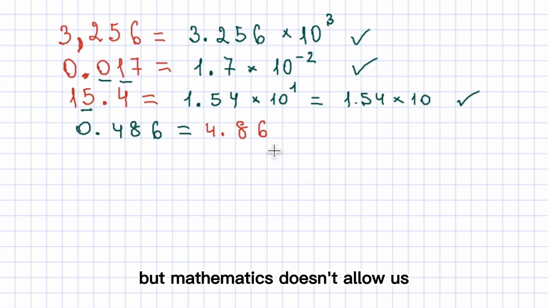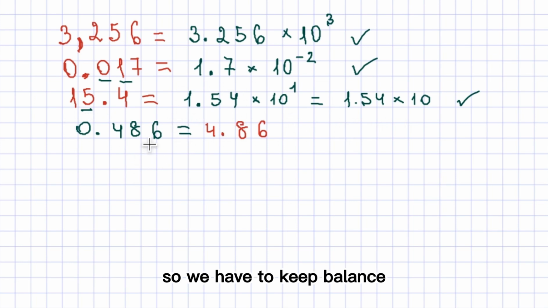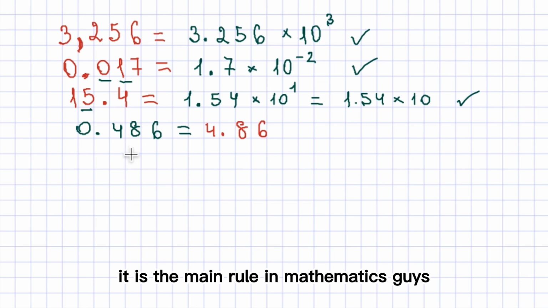But mathematics doesn't allow us just to change one thing without doing another. So we have to keep balance. We can change the form, but we cannot change the value. It is the main rule in mathematics, guys.